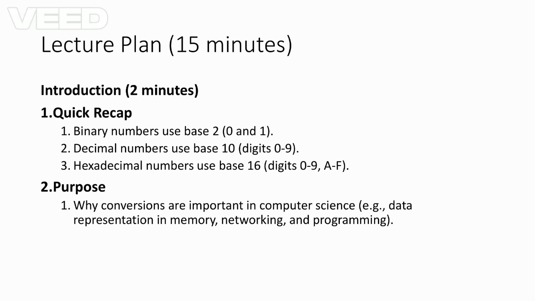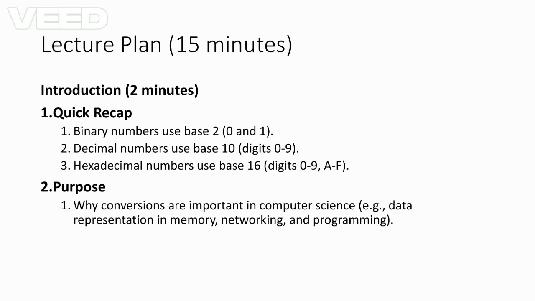And in that, we have 16 digits. The 16 digits start from 0 to 9 and A to F. So 0 to 9 is 10, A to F is 6, making it 16.